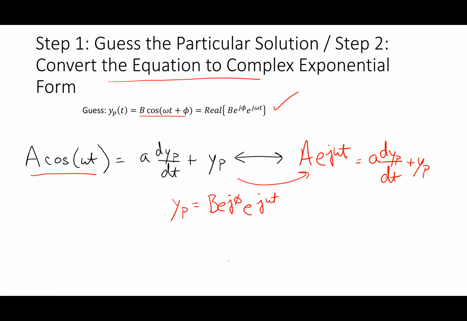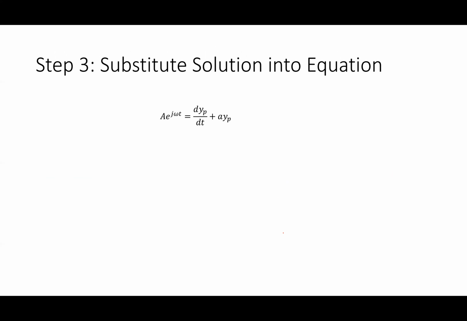So when I substitute that in, what's going to happen? We're going to guess yp is B e to the j phi e to the j omega t.